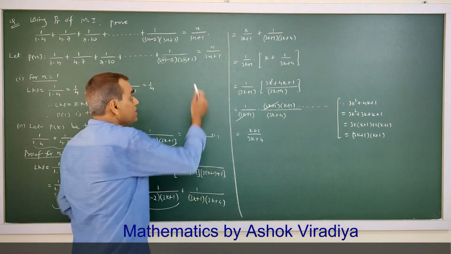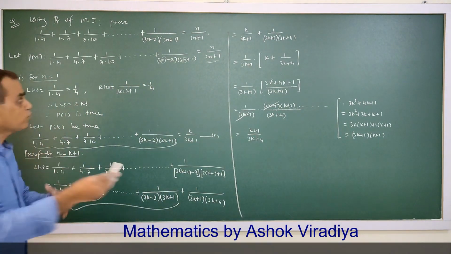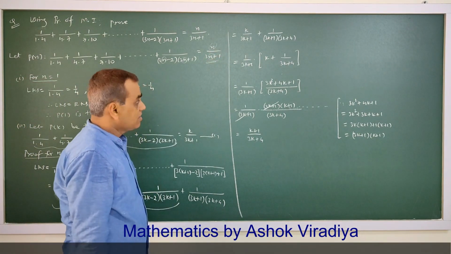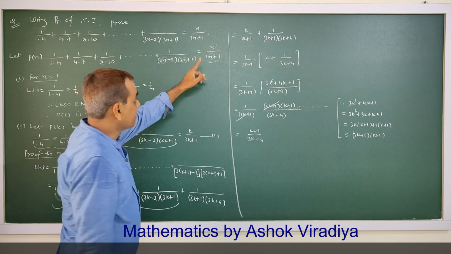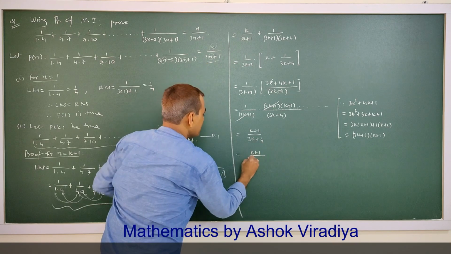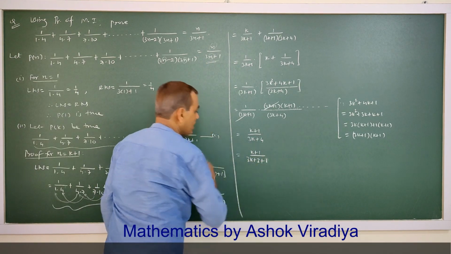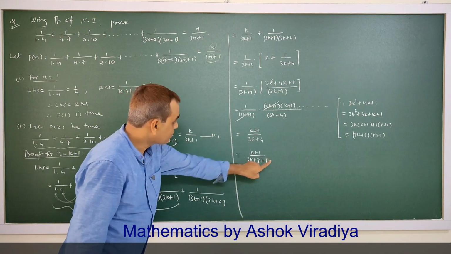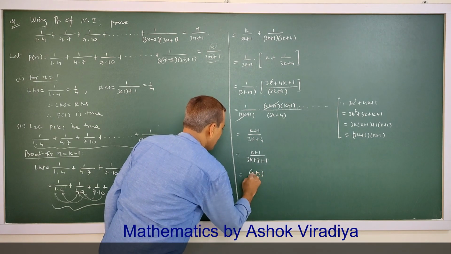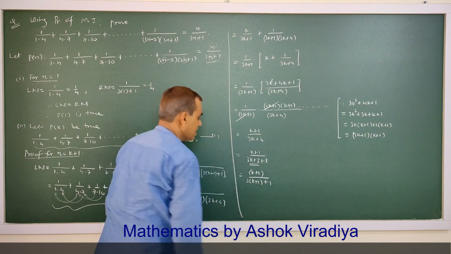Now see here, we want RHS for n equal to k plus 1. So we want to set here n equal to k plus 1. To set it accordingly, this 3k plus 4 we show as 3k plus 3 plus 1, as 4 expresses 3 plus 1. So therefore, k plus 1 upon, from this part 3 common, k plus 1 plus 1.